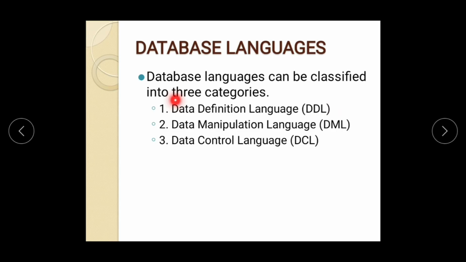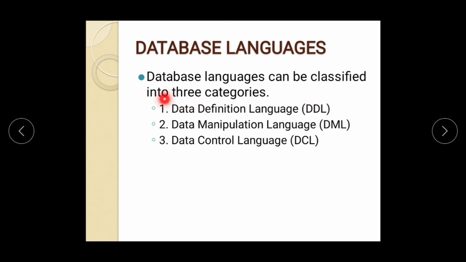Suppose I have created a database called student, which contains 3 attributes: roll number, name and marks. Suppose I want to add one more field, date of birth. In that case I am modifying the structure of the database. That can also be done using the data definition language.